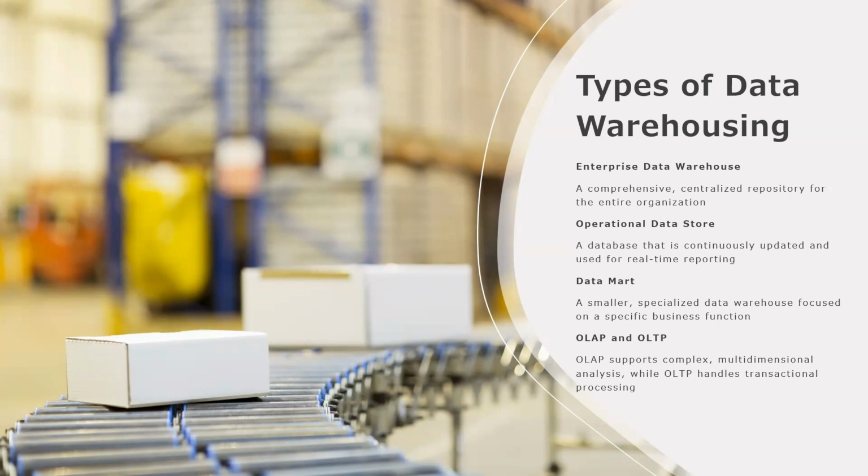Okay. So based on this functionality, warehouses are distributed into two things. One is the enterprise data warehouse, the other one is the operational data store. The enterprise data warehouse is going to have only historical data, which is not going to change.